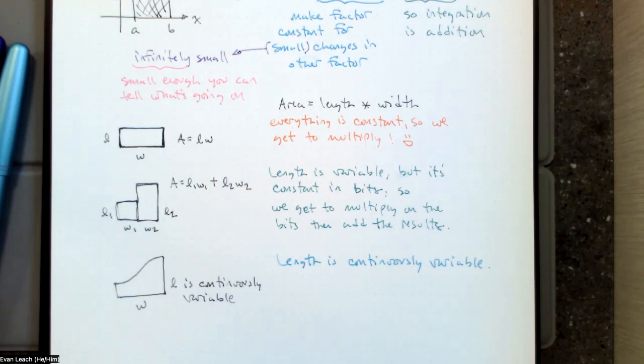So we do one of the three great tricks of math. The three great tricks of math. When you're stuck, you either add 0, multiply by 1, or do an easier problem. Just do a problem that you know how to do. So our solution to deal with this continuously variable thing is to go back to the previous problem.